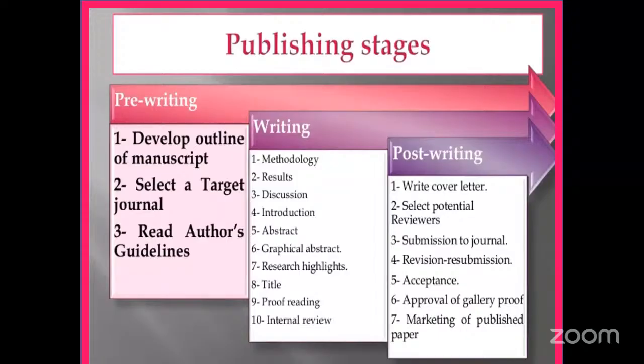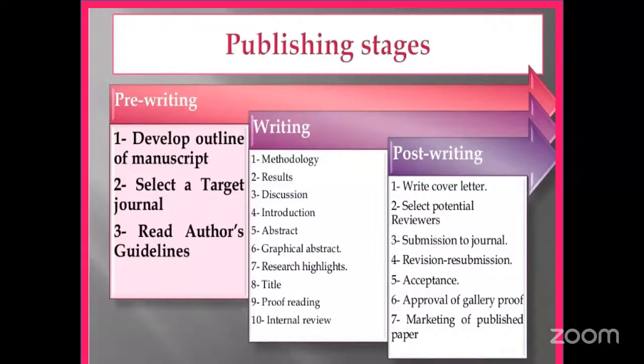This is pre-writing. And writing: how can you write your manuscript effectively? You can follow this: first the methodology, second the results, third the discussion, fourth the introduction, fifth the abstract. Then you should have a graphical abstract, very important.